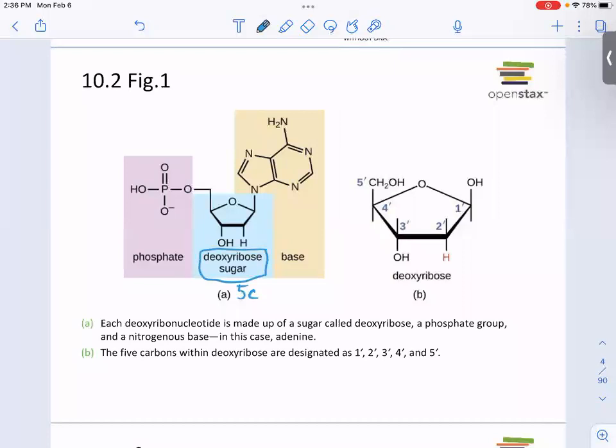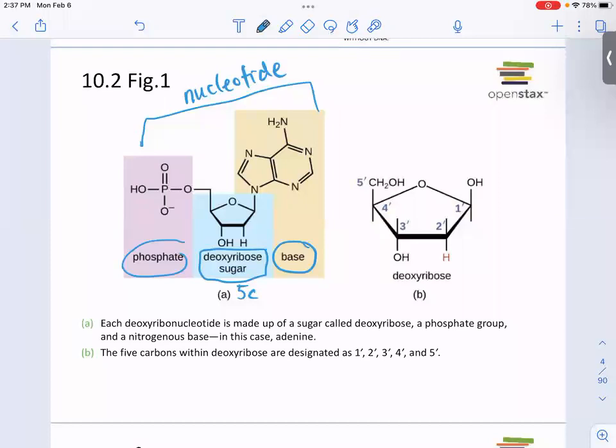It's going to be bonded to some base. We'll look at the different bases in a minute, nitrogen-rich bases, and a phosphate. Okay, so the three of those things together make up what we call a nucleotide. Okay, the sugar, the base, and the phosphate, that's a nucleotide.